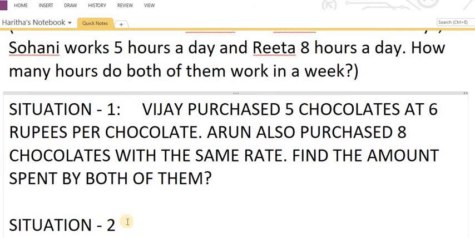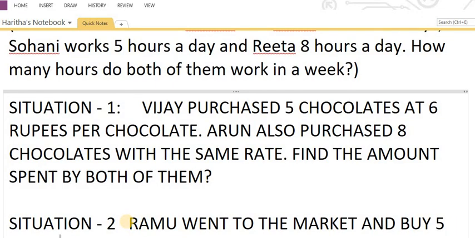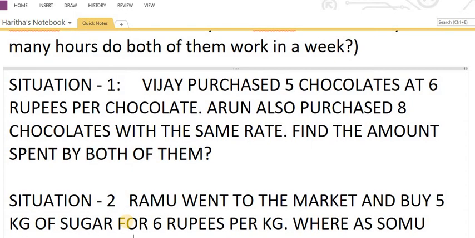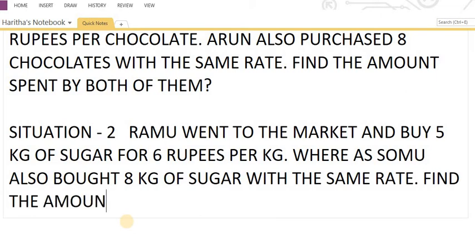Okay, we'll go for a situation like this: Ramu went to the market and bought 5 kgs of sugar for 6 rupees per kg, whereas Somu also bought 8 kgs of sugar with the same rate. Find the amount spent by both of them.